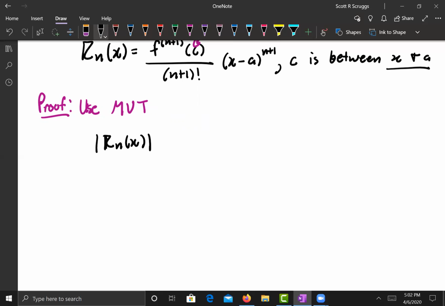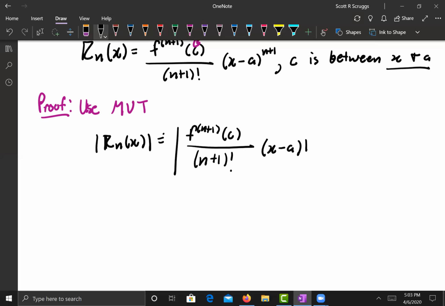And the way that we're going to estimate is we want to take the absolute value of the remainder, which is the exact same thing as the error.